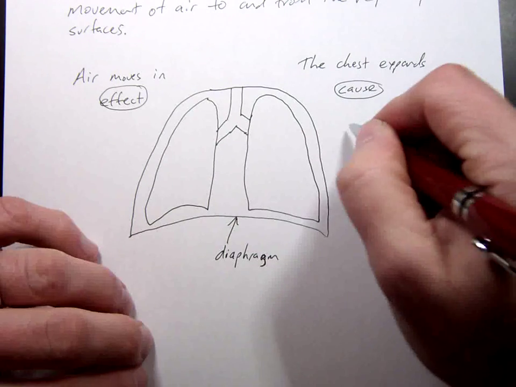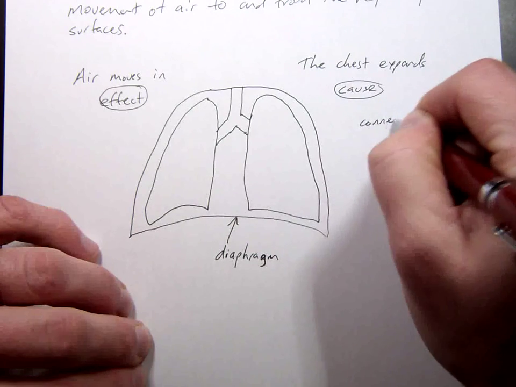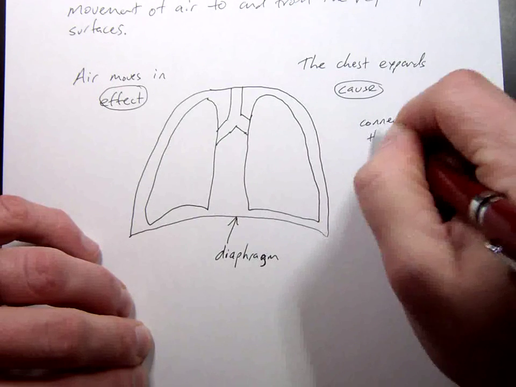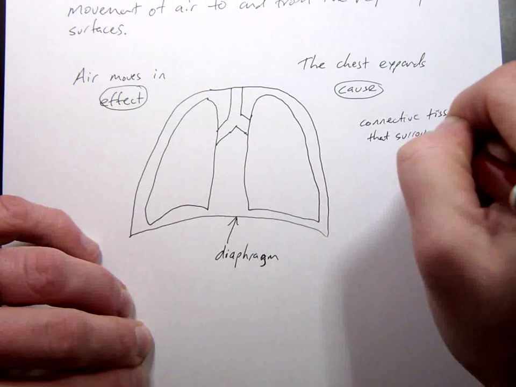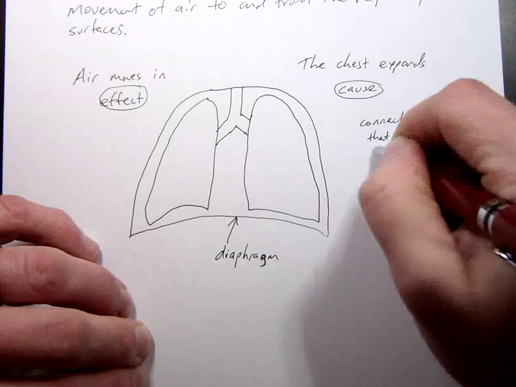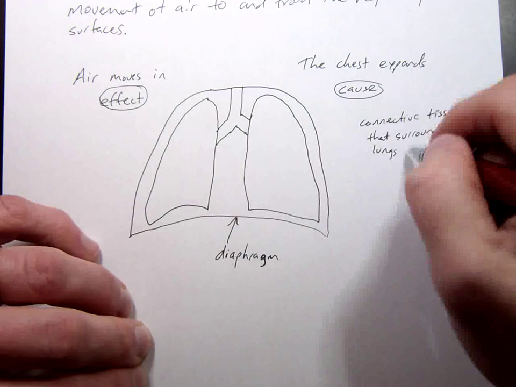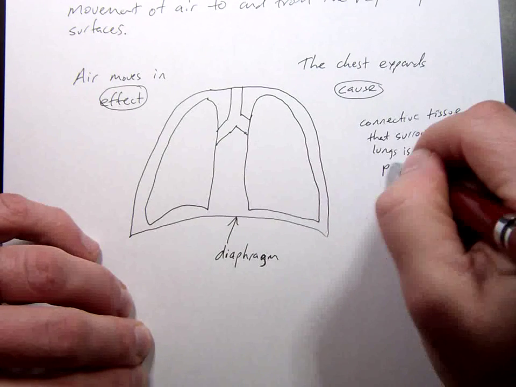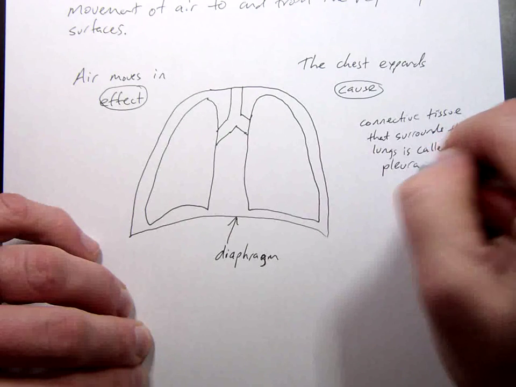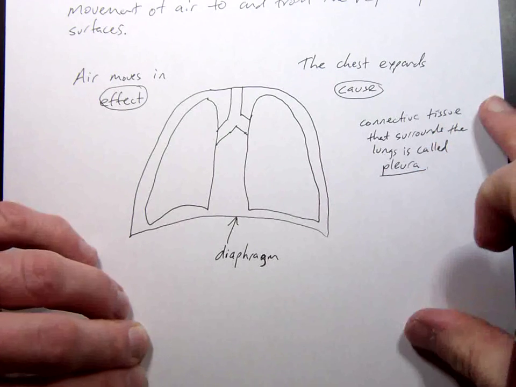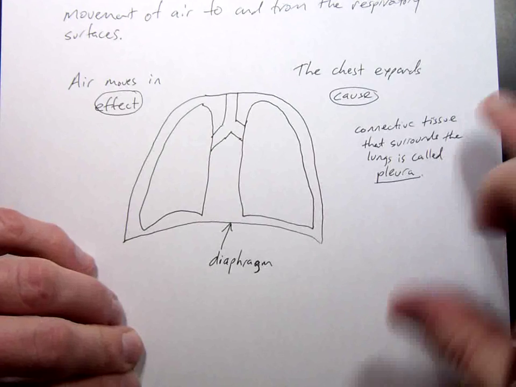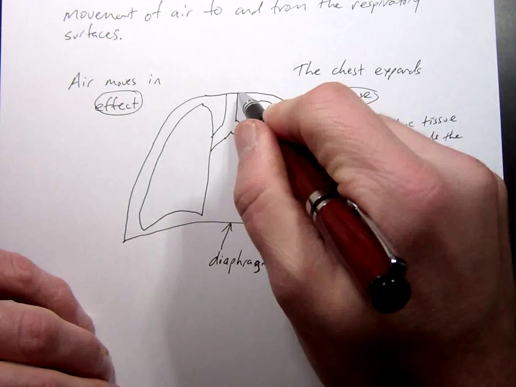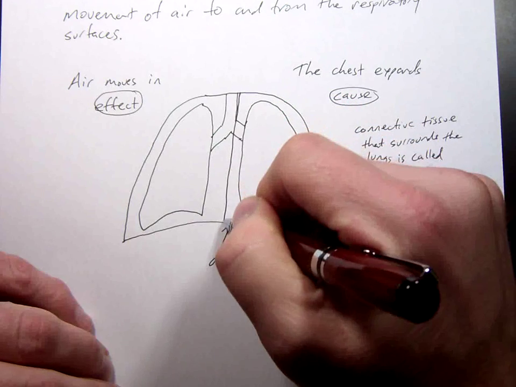Around the lungs, the connective tissue that surrounds the lungs is called pleura, P-L-E-U-R-A, pleura.